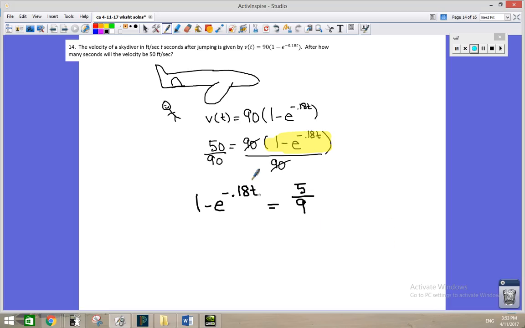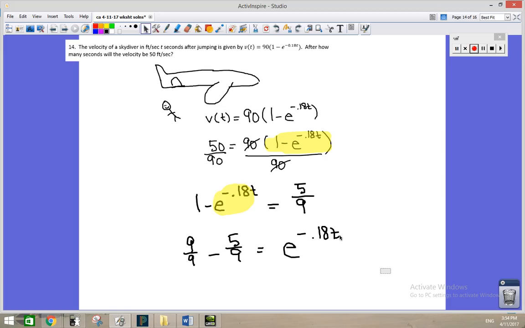Alright, we need to get this term that has our variable by itself. We need to take 1 minus 5/9 equals e to the negative 0.18t. I'm going to rewrite the number 1 so that it's easy for me to do this subtraction. I'm going to rewrite the number 1 as 9 divided by 9 so that these two fractions have the same denominator.